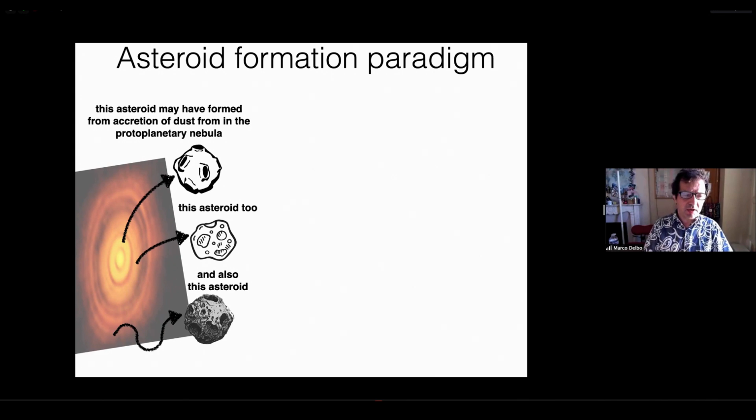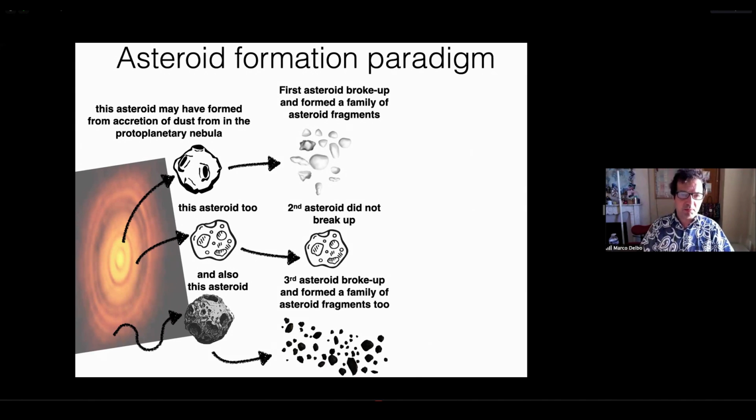But throughout their lives, asteroids can experience impacts, and some of them are catastrophic impacts. And so the first asteroid on the top might break and create a family of fragments. These families of fragments are themselves new asteroids created from the disruption of this original planetesimal, which no longer exists in the main belt, but just its daughter asteroids.